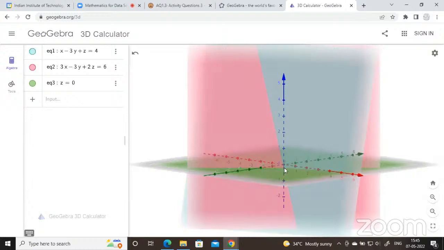And what's that point, ma'am? We have to see. How do I see that? How do I select the point? Z will be 0 in that point. It should be 0 here, and I put 0 here, and then I subtract these two. 2x will be minus 2, so minus 1, comma, minus 1.